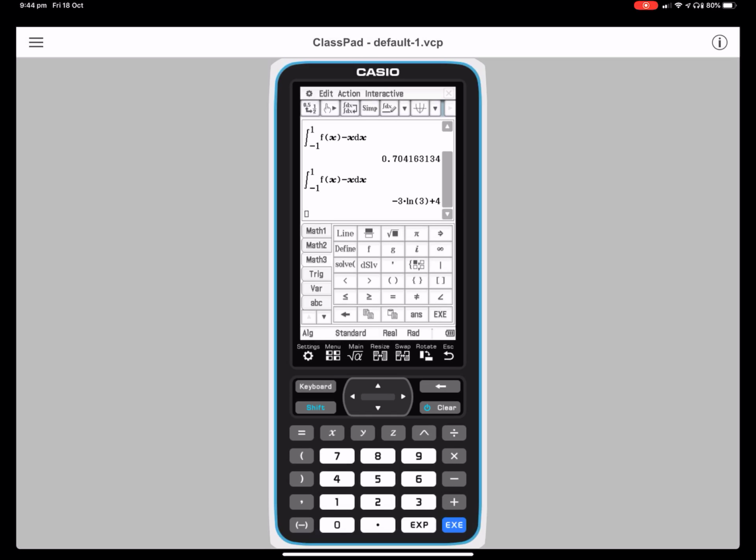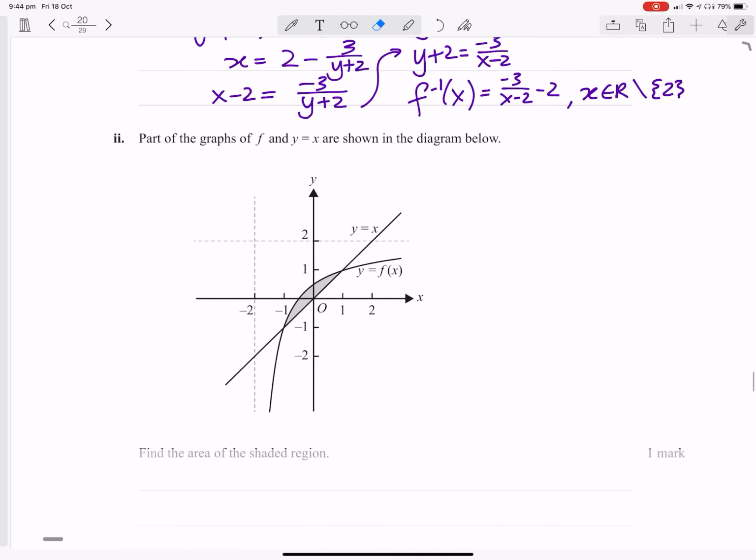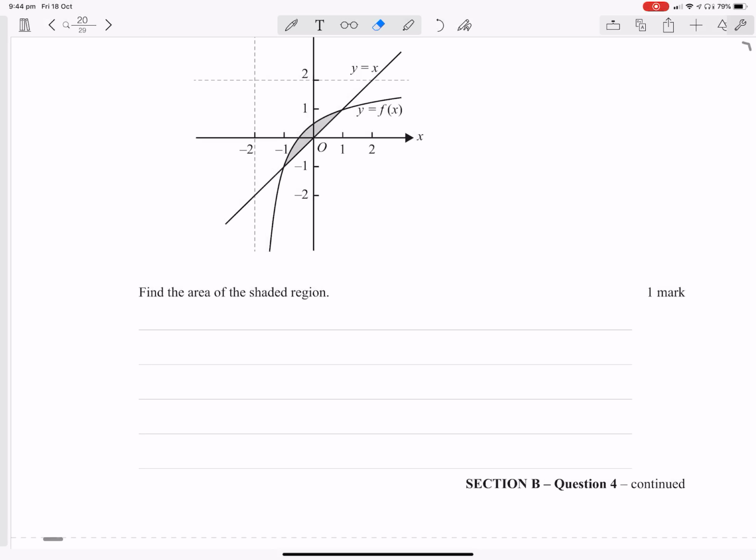Nope. -3 log e3 plus 4. So the area is -3 log e3 plus 4.